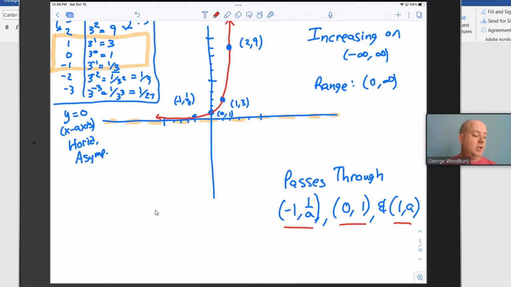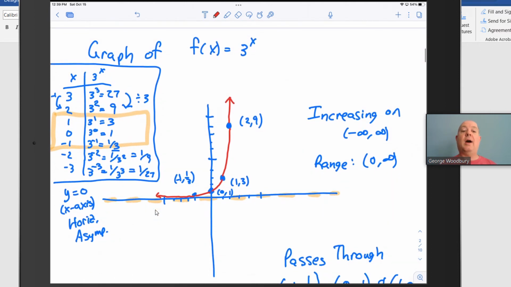I want to use this to graph a function of the form a to the x minus h power plus k, where we're going to shift horizontally based on the value of h and vertically based on the value of k. That value of k will affect the horizontal asymptote as well.